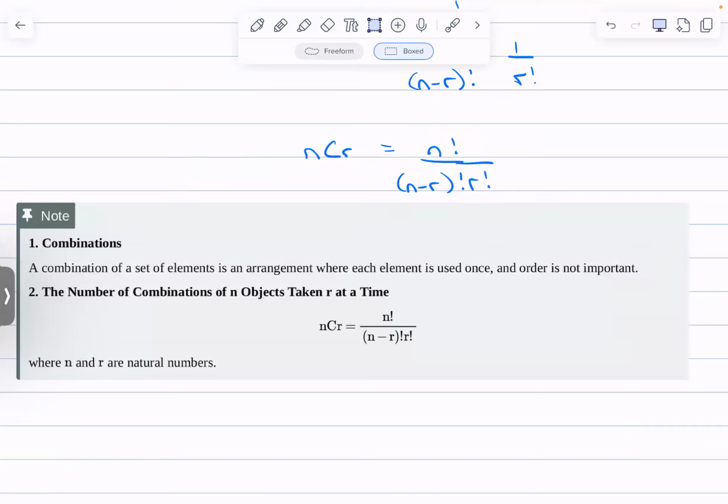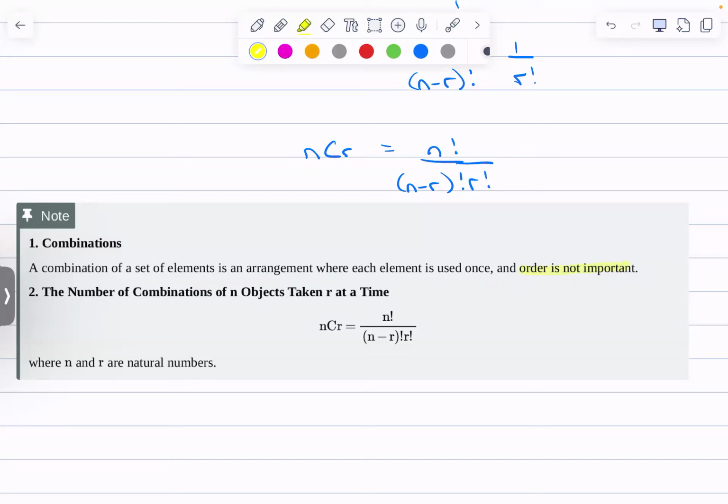So a combination is a set of elements. Oh, of a set of elements. Like, is a set of elements an arrangement? No. A combination of a set of elements is an arrangement where each element is used once and the order is not important. That's probably the take-home message here, right?